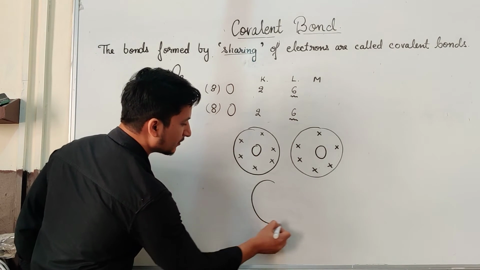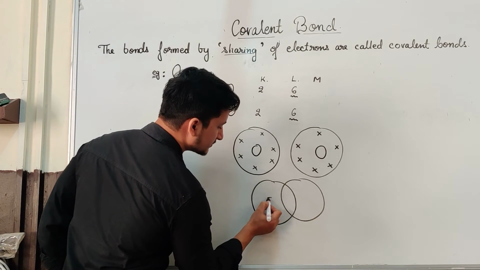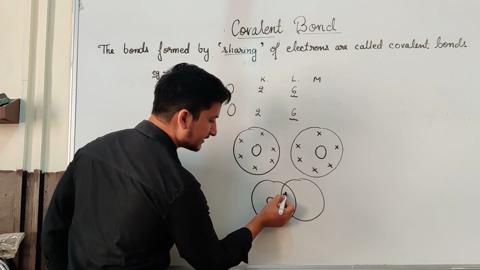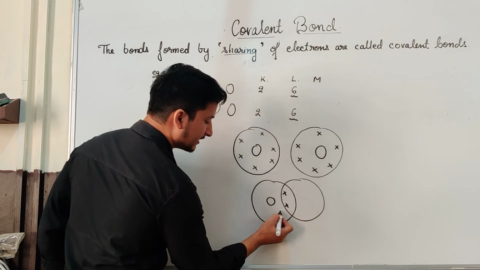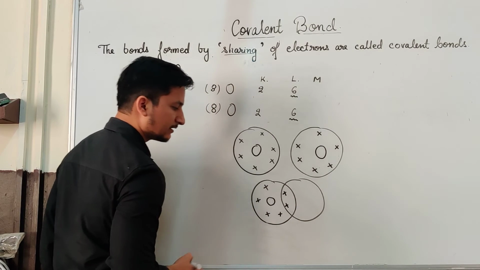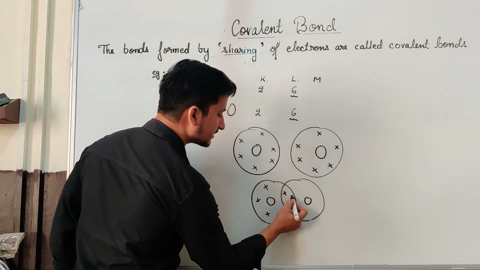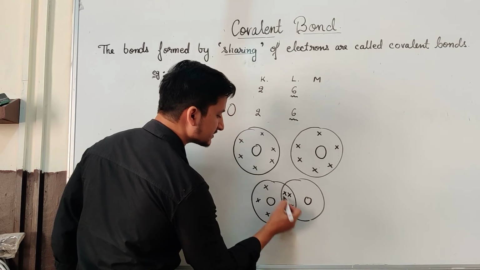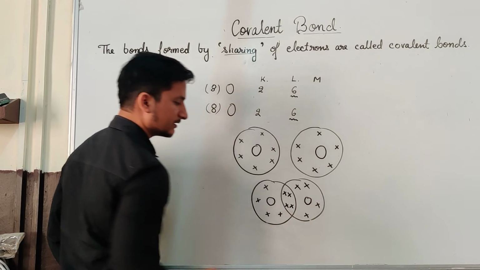So when they overlap, the first oxygen will donate its 2 electrons into the shared region. It means 4 electrons are remaining with it. The second oxygen atom will also share its 2 electrons with the first oxygen atom. Now 4 electrons are remaining with it.